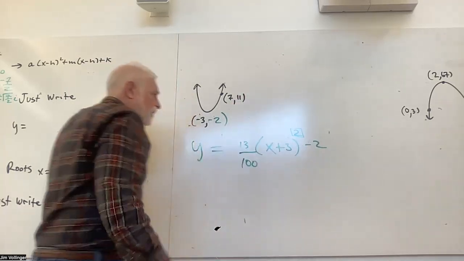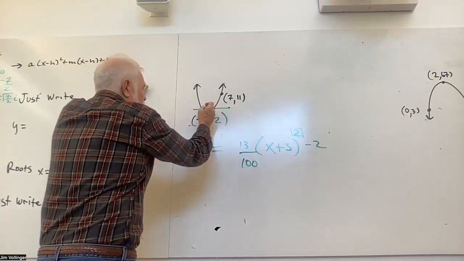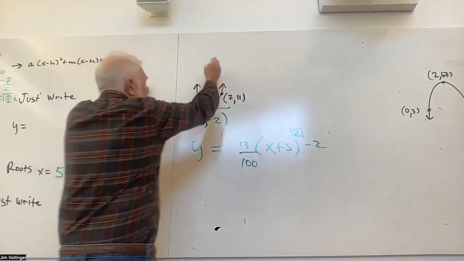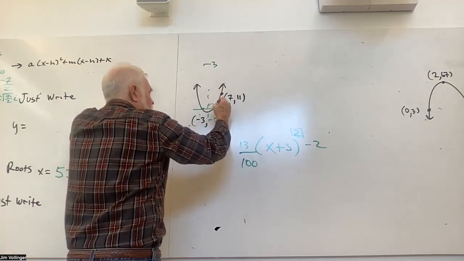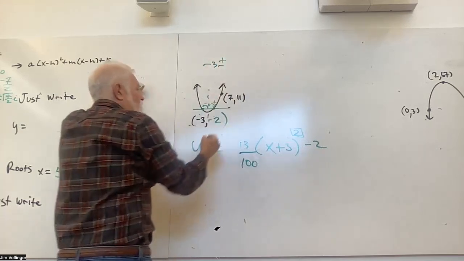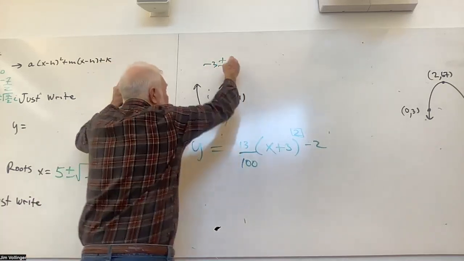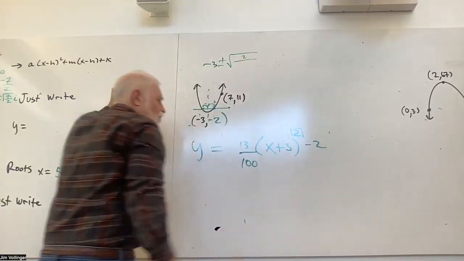That's that equation. Now, if I want to set it to 0 to find my roots, then I'm measuring from the axis of symmetry. I'm going to the right, which is a plus. I'm going to the left, which is a minus. I'm undoing the squaring process. I've got to go up 2 units. And this is an awkward one.